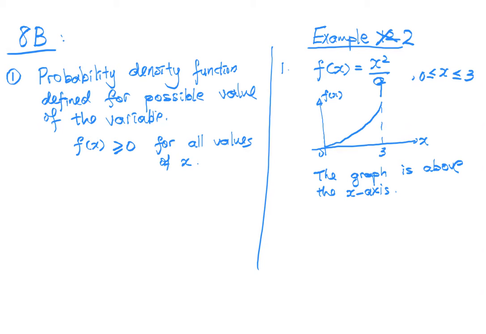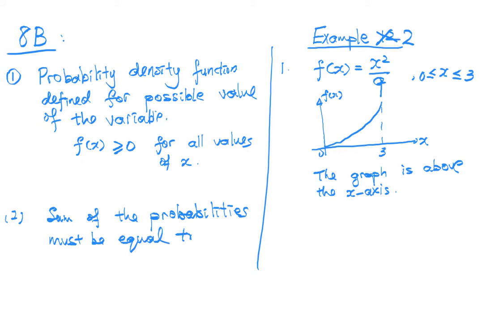Second criteria: when you talk about probability, we know that the sum of the probability must be equal to 1. The first criteria must be fulfilled first, then only we check the second criteria.